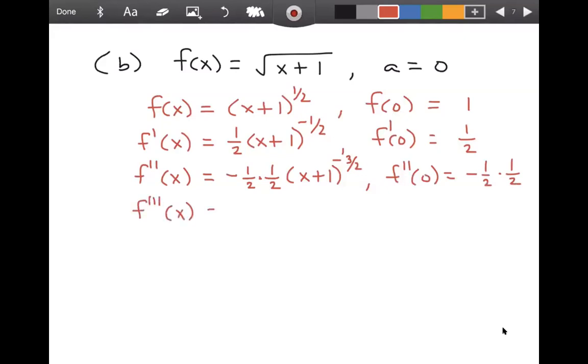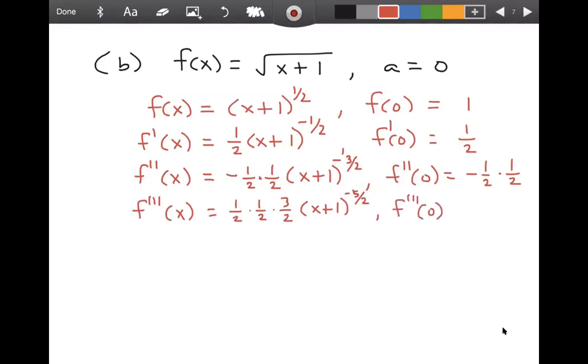Okay, well, for the third derivative, you bring down the negative 3/2. So that's going to flip the sign back to positive. Something here is starting to look familiar. It's come up a couple times in this chapter.